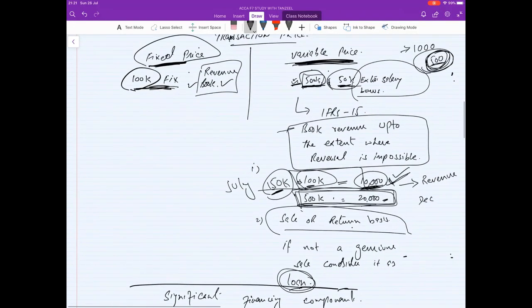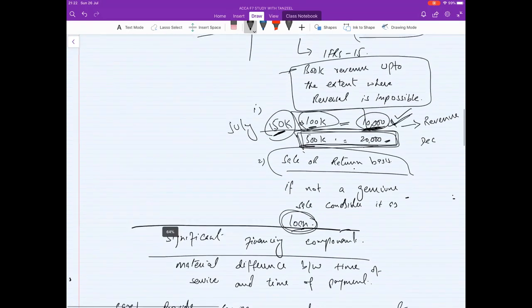And we have already studied that where there is a significant difference of amount or difference of time, for any liability which is more than 12 months, we calculate the present value and write it down in present value.